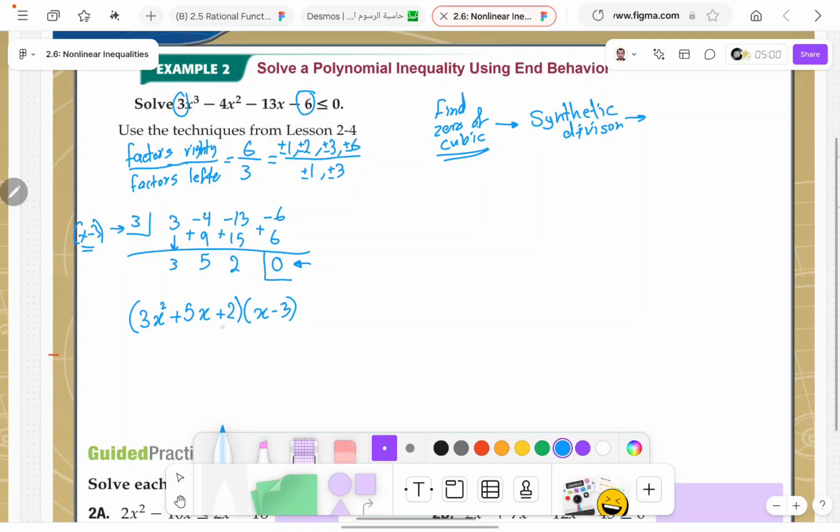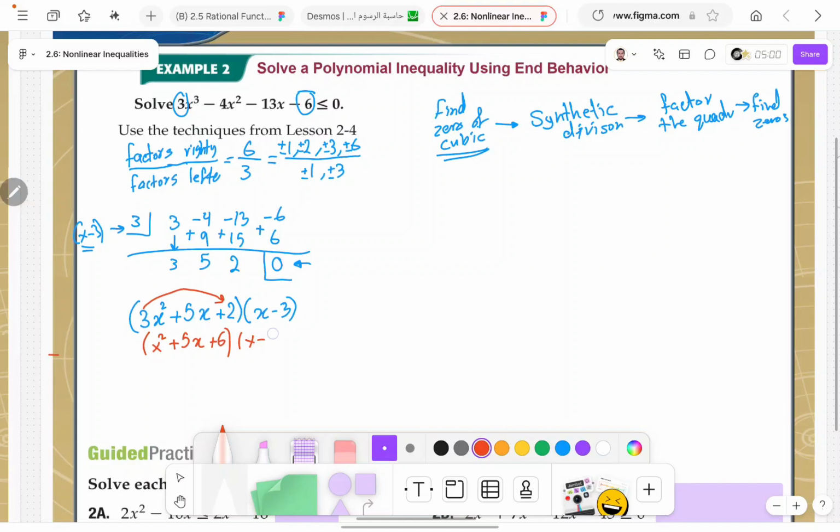Now, let's find the zeros for this quadratic function. Step number 3: factor the quadratic to find zeros. How to factor this? We multiply 3 times 2, so it becomes x squared plus 5x plus 6.